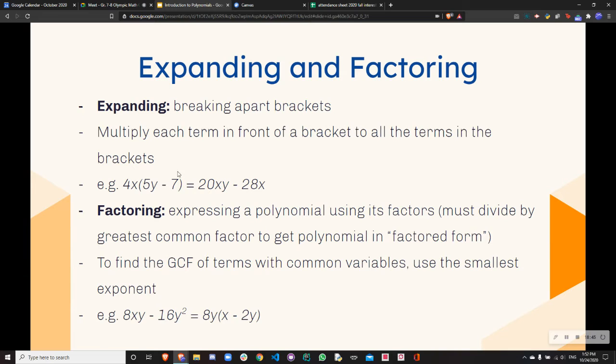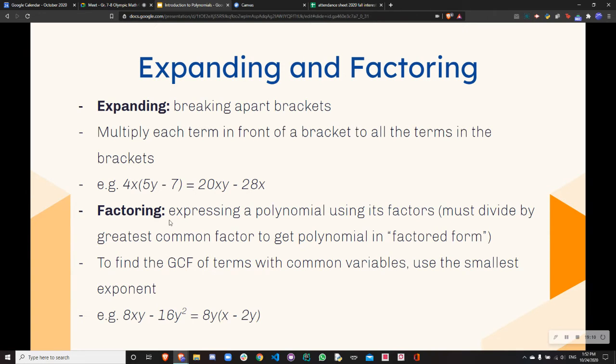So think about distributing the 4x to both of these terms. So 4x times 5y gives you 20xy. And then 4x times negative 7, also remember, be careful of the sign in front of the 7, so you get negative 28x. So you're left with 20xy minus 28x. So that's how you expand that.